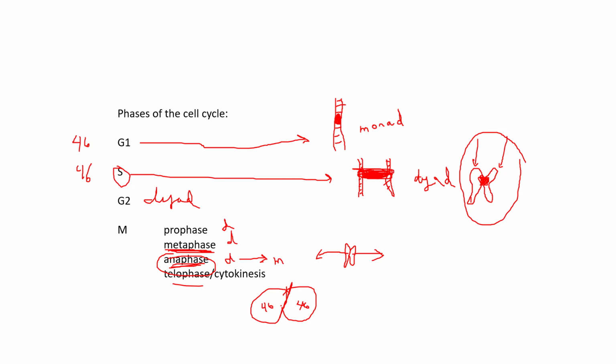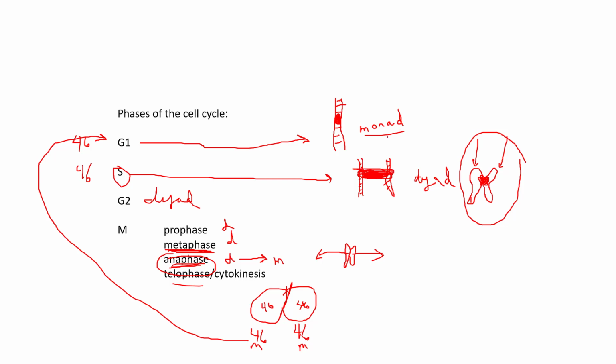And so by the end of the entire process, each of the daughter cells now contains 46 monads. So this cell would have 46 monads, and this cell would have 46 monads. And each of those cells then can go back into G1, which also has monads. So it's a continuing cycle.